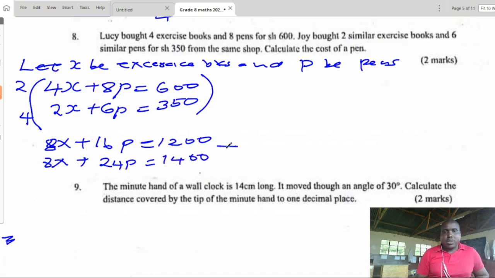Then the next thing is to subtract so that we can eliminate X completely. So 8X minus 8X is 0. Here we have 16P minus 24P, the answer is negative 8P. 1200 minus 1400, the answer is negative 200.